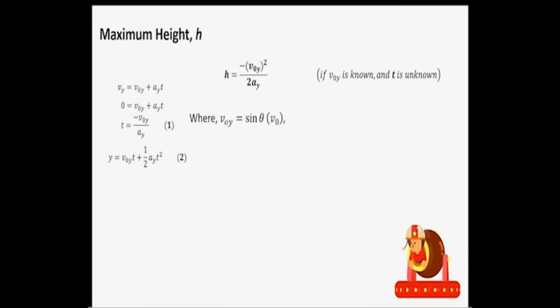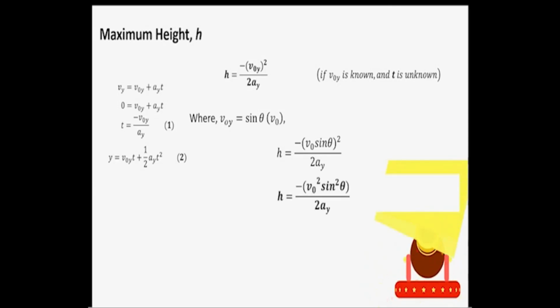Now, remember that v sub 0y in case number 1 is equal to sine theta times v sub 0, or sine theta times the magnitude of our initial velocity vector. Now, if we substitute that in our equation above, h is equal to negative v sub 0 sine theta squared all over 2a sub y.